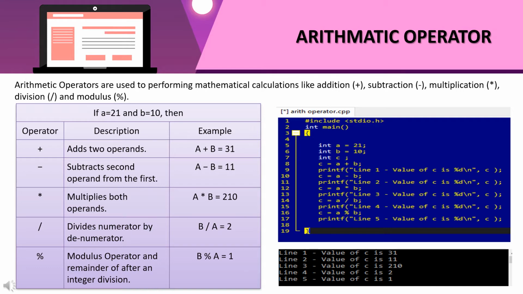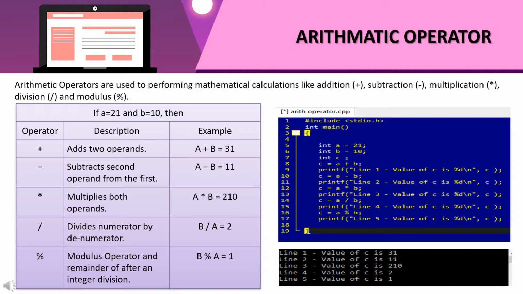Now come the operations, that is c equals a plus b, and the printf, that is line 1, value of c is %d, and it gives the value of c. Next comes c equals a minus b. After that c equals a asterisk b, that is a multiplied by b, and then c equals a divided by b, and then c equals a modulus b.